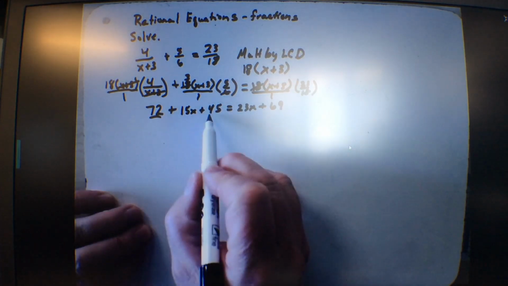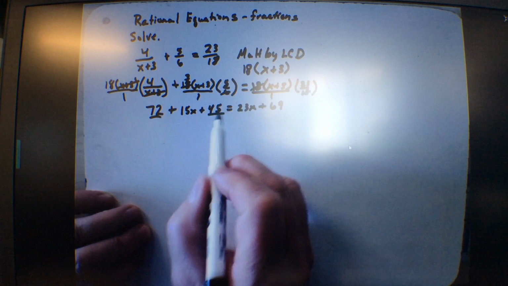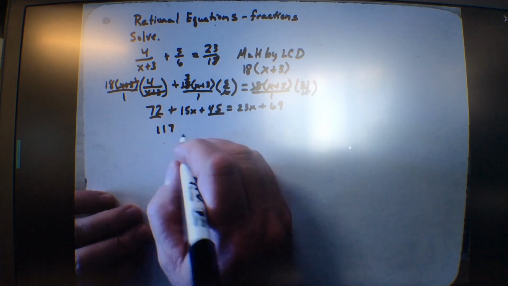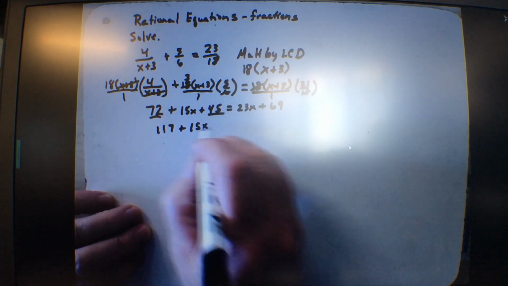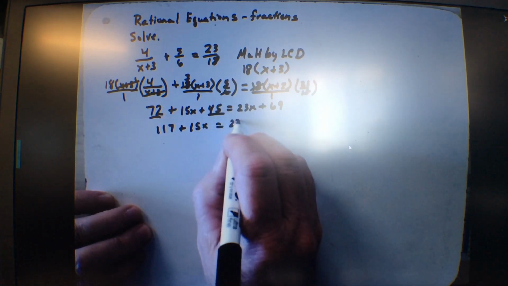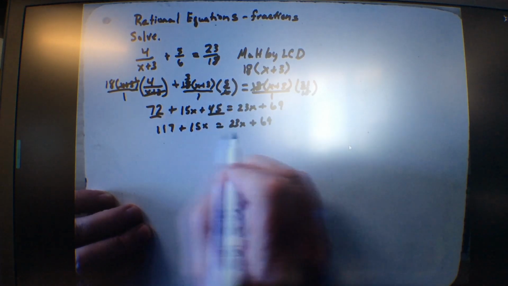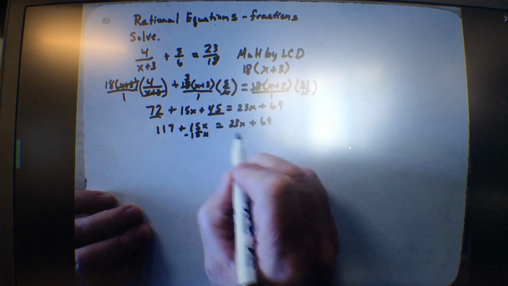So these two I'll put together. That'd be 7 and 117, is that correct? Plus 15x equals 23x plus 69. I'm going to subtract 15x from both sides, get my x's on one side.